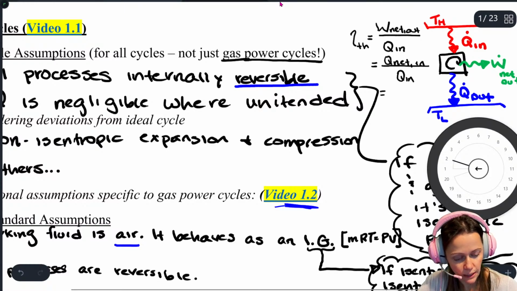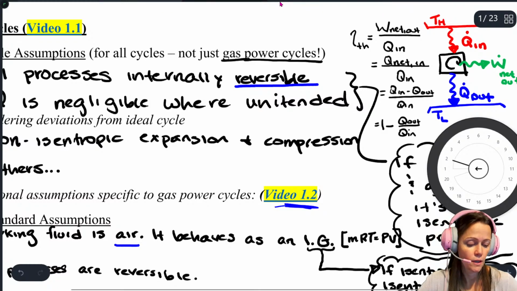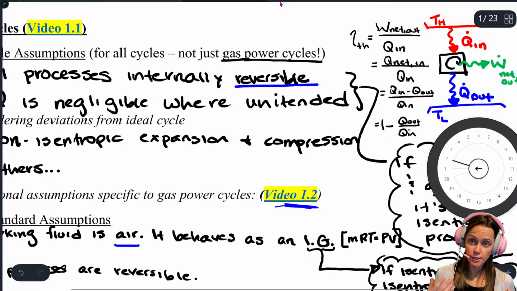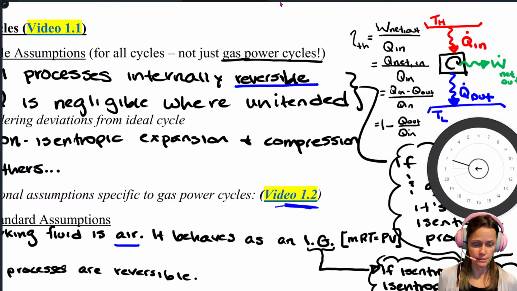And that Q net in is any Q in minus any Q out. So you could put this as 1 minus Q out over Q in. So you've got a couple of different ways of defining that thermal efficiency.